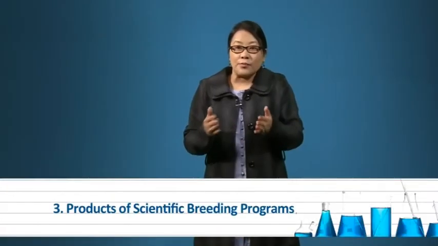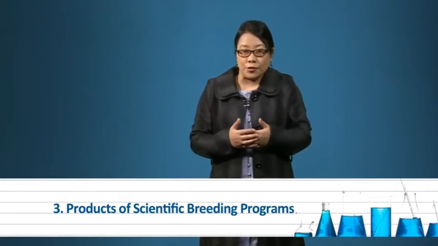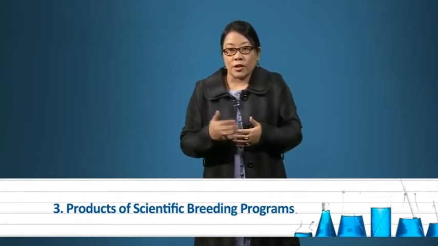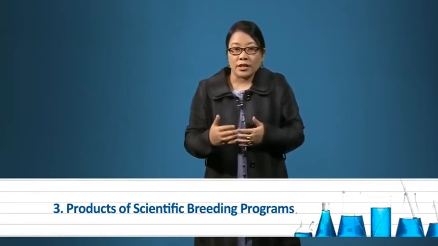The third are the products of scientific breeding programs. It includes modern cultivars, obsolete cultivars and other products of plant breeding or genetic studies like advanced breeding lines, stocks, mutants and gene markers.